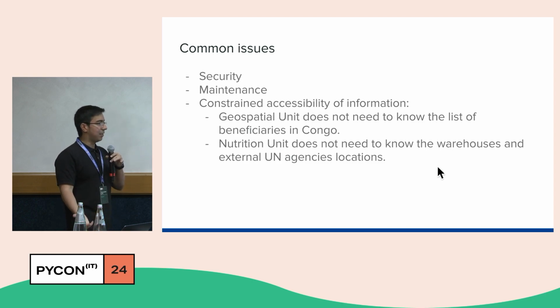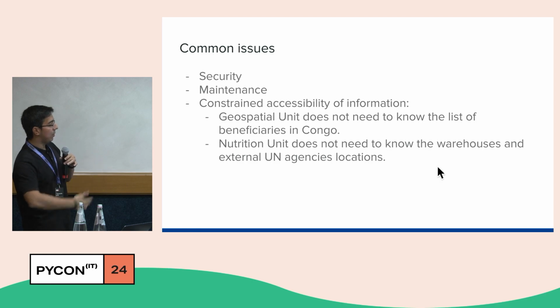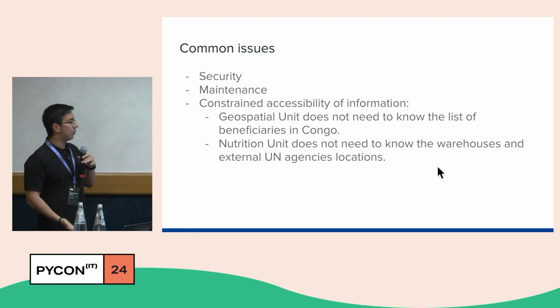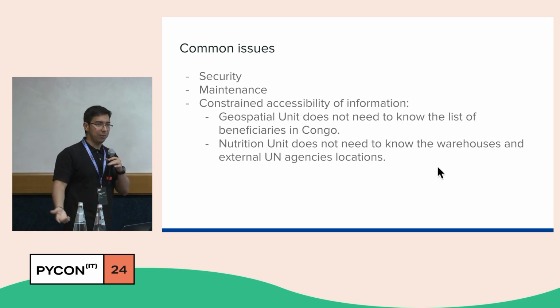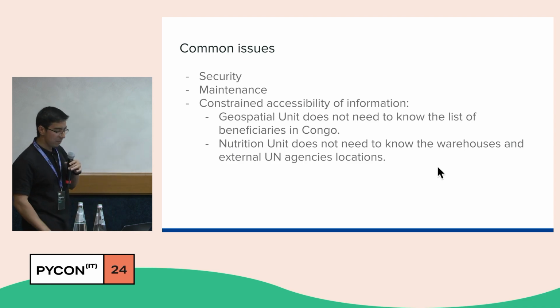And if a security leak, a hack or an attack appears, it's going to be a big problem. So the ideal thing is to limit the users that work in a specific division to access specific resources. The same thing happens in nutrition. The nutrition unit doesn't need to know the warehouses and locations of external UN agencies. They just want to know, for example, the caloric tables of food and their distribution.